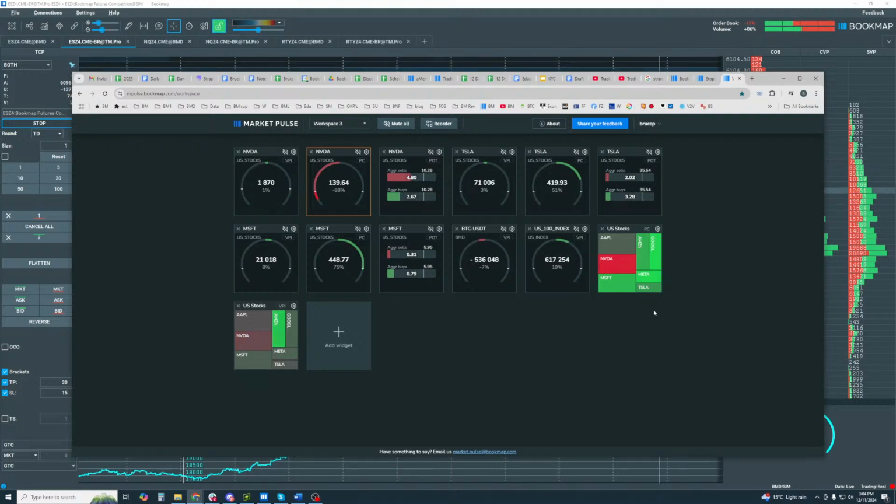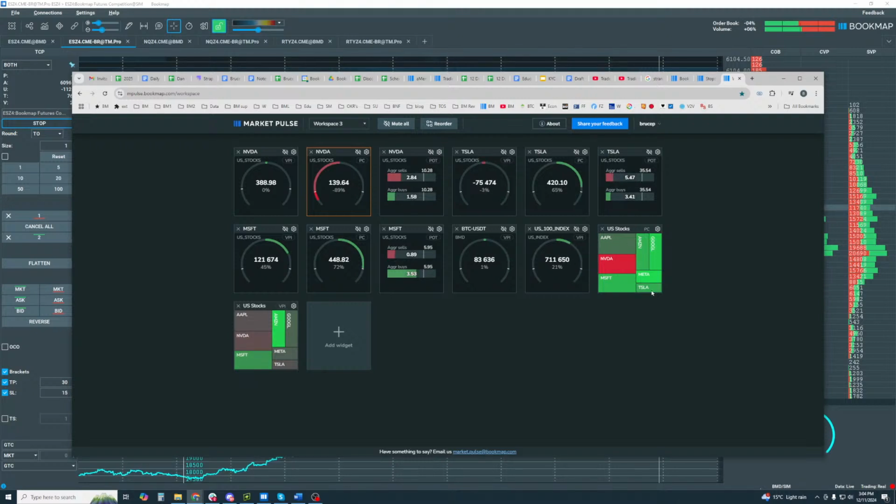It's showing a different form of heat map compared to Bookmap. And you can see that here are 7 stocks in here, and they're divvied up by market capitalization. And you can understand what you're looking at in here. Okay, so Google, Meta, Microsoft, pretty green, NVIDIA, pretty red.